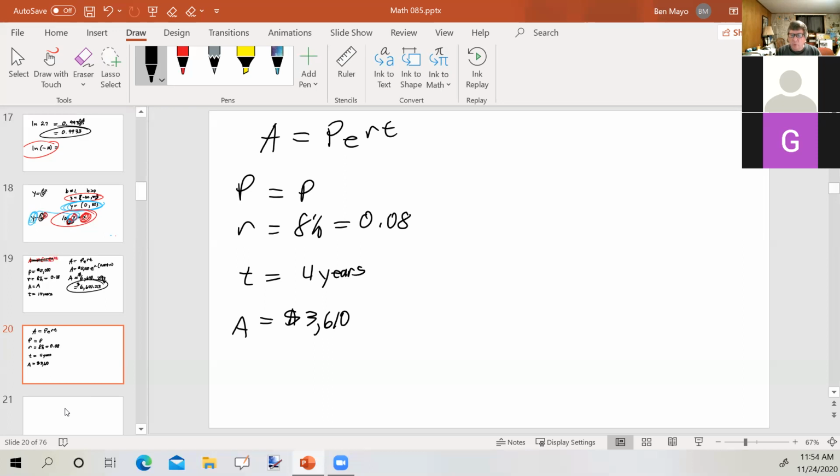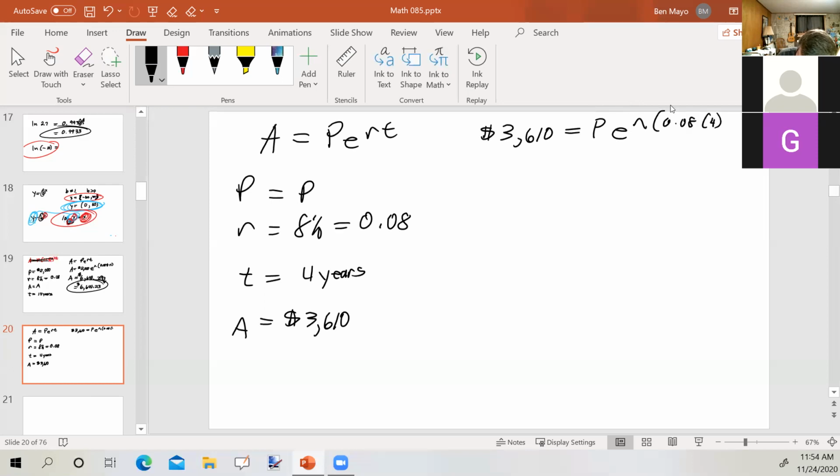All right, so we're working backwards. So $3,610 equals P times e raised to the 0.08 times 4 years. Okay.